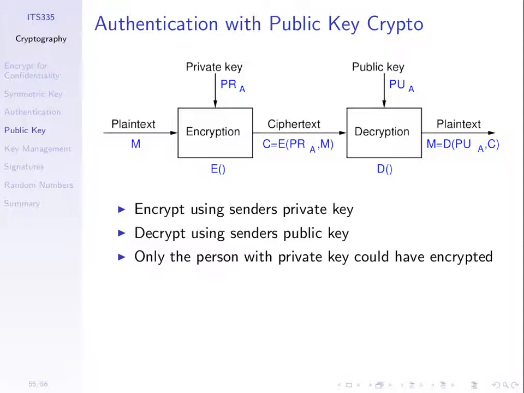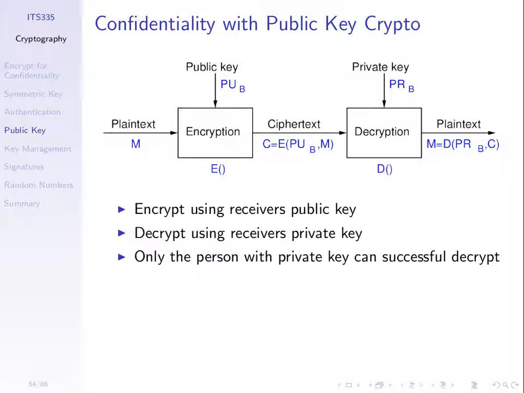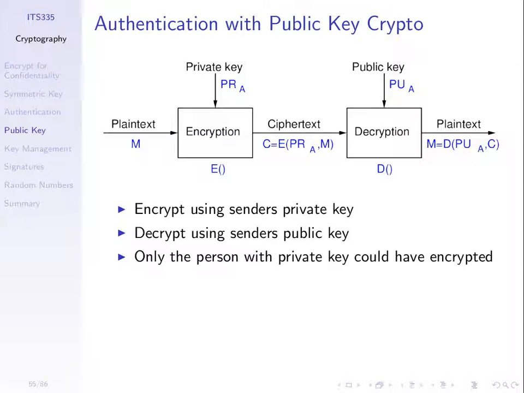For confidentiality, encrypt with the destination's public key, that is, encrypt with B's public key. Authentication, encrypt with the source's private key. Get the ordering correct, and it will start to make sense as we go through how we use these for digital signatures next week.